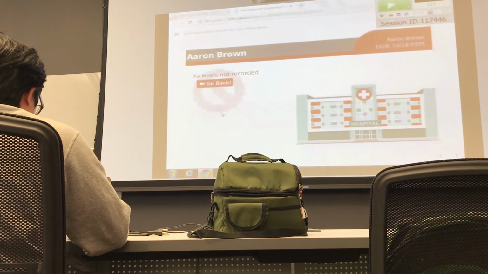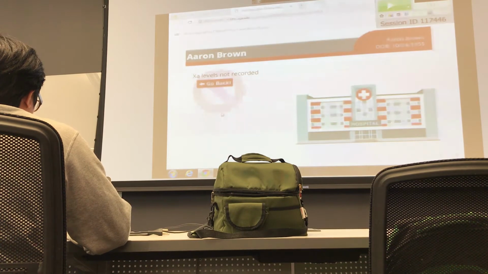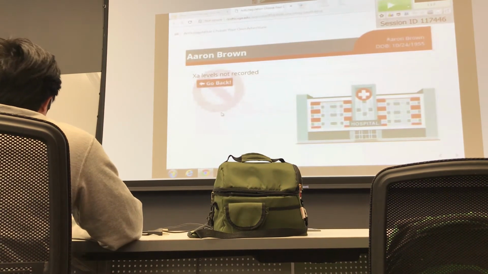Alright. So the anti-Xa levels are not recorded. So yes, technically, if you go to Micromedex or some of your drug information resources, it will say you can check anti-Xa levels, but this is not something we routinely do in practice. So does it exist? Yes.